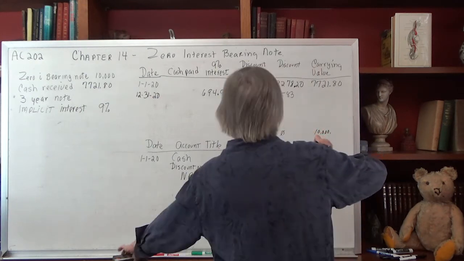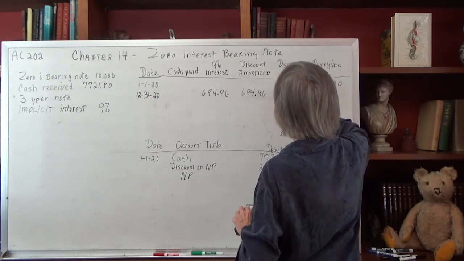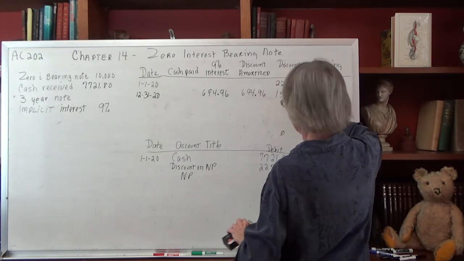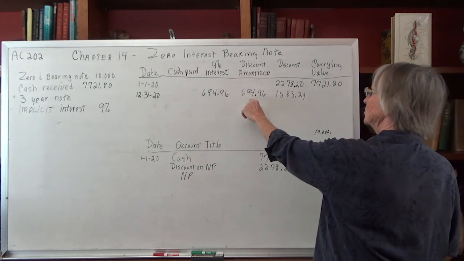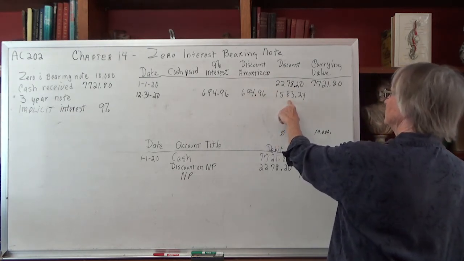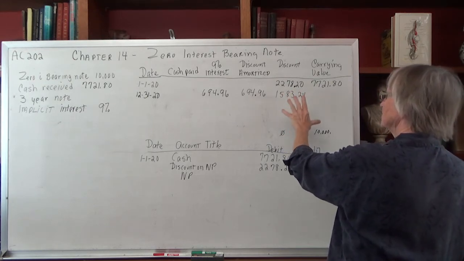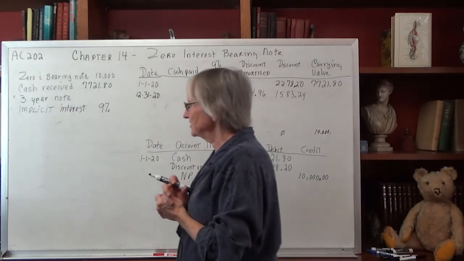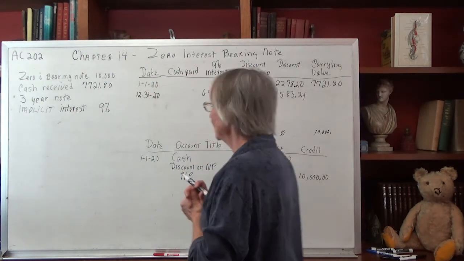1583.24. And all that is we started out with a discount of 2278. We just amortized 694 of it, and that's the new balance of the discount. Now, since some of the discount has been amortized, the carrying value of the note is going to go up by the same amount.